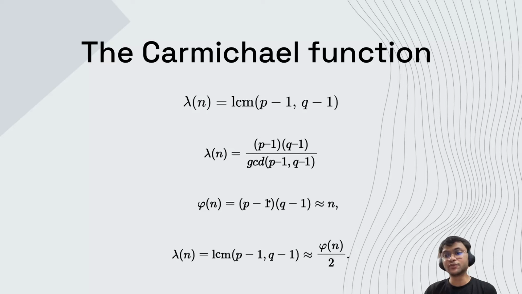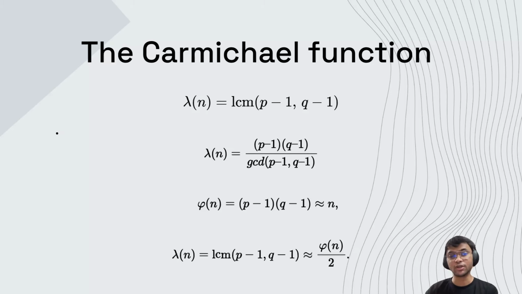What this means is, when you compute the private exponent as the modular inverse modulo phi n versus modulo lambda n, the range from which one can choose is roughly twice as large in the former case.